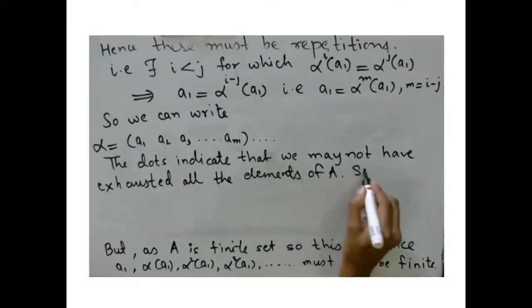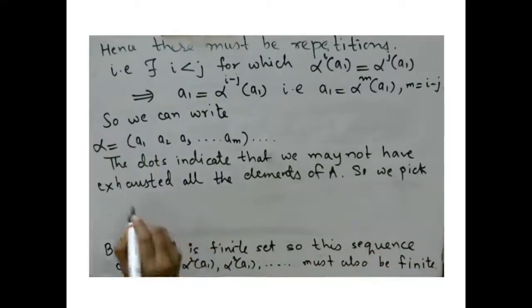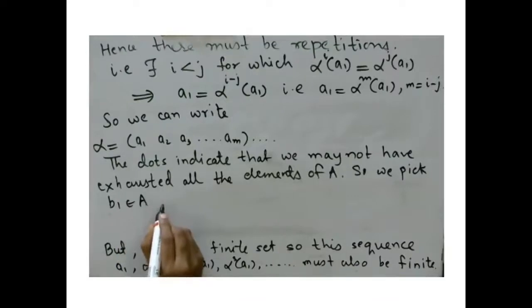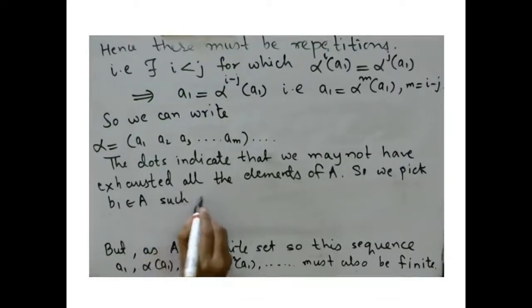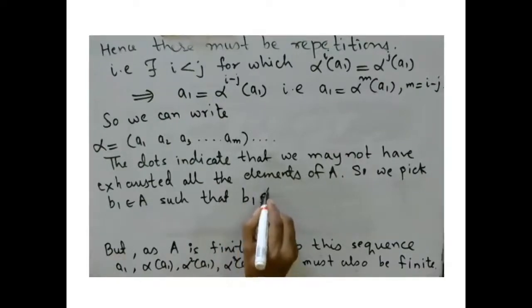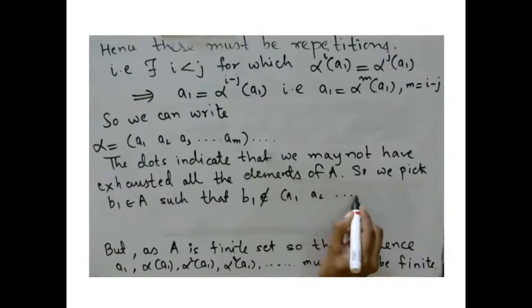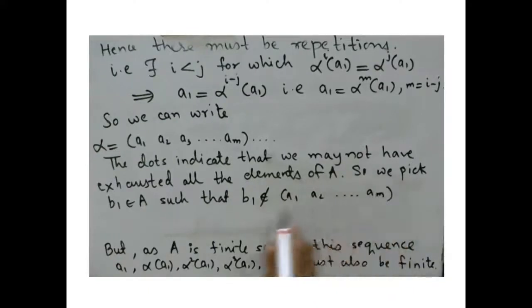So we pick one element B1 belonging to A such that B1 does not belong to the set A1, A2, AM. Then, as in the previous process, we will find alpha of B1.